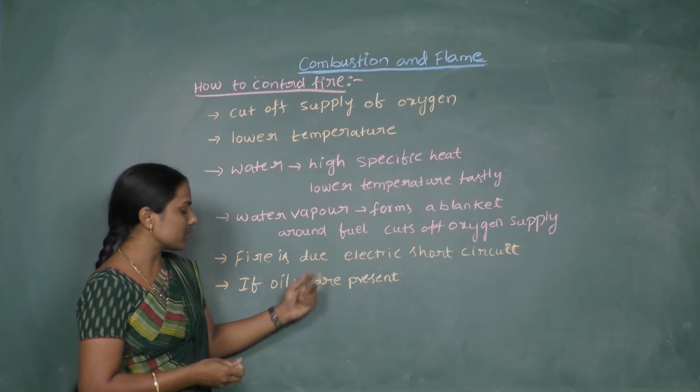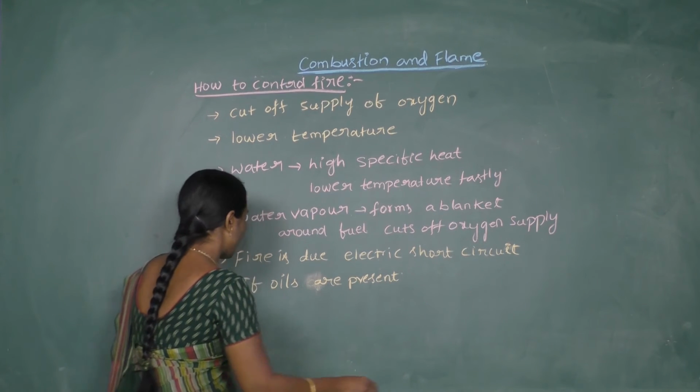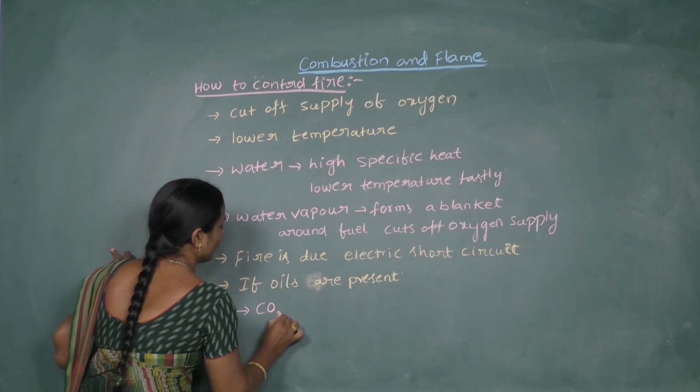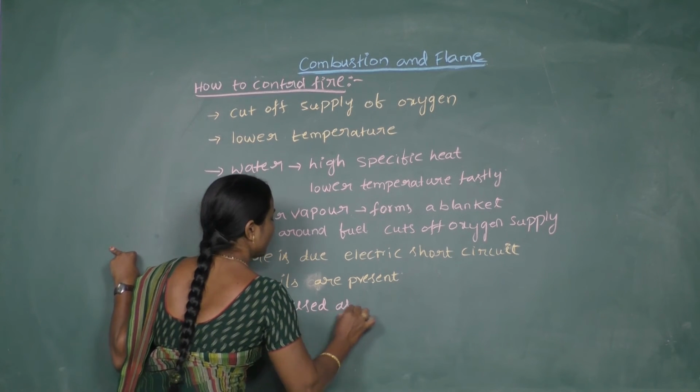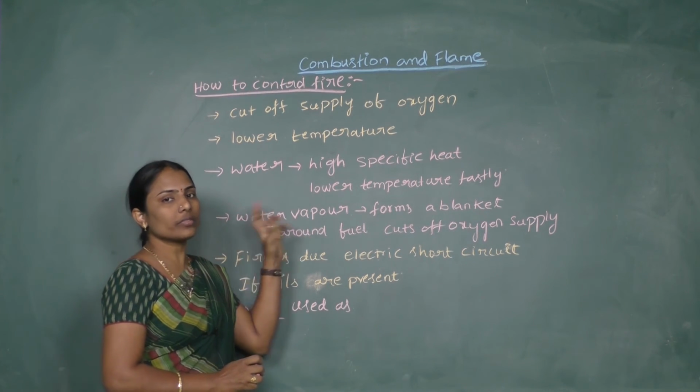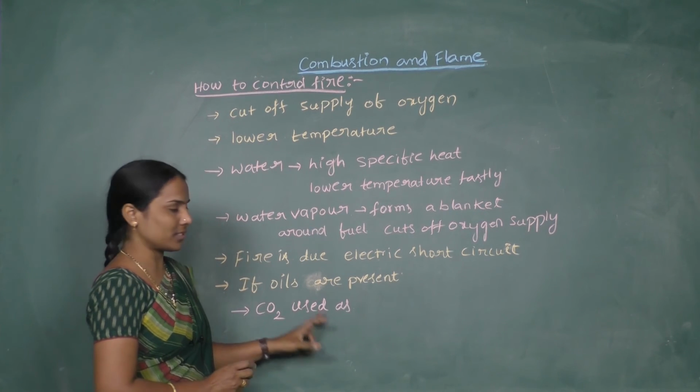Now, in these cases, how to control fire? CO2 can be used as a fire extinguisher. The substance which can put off the fire is called a fire extinguisher.